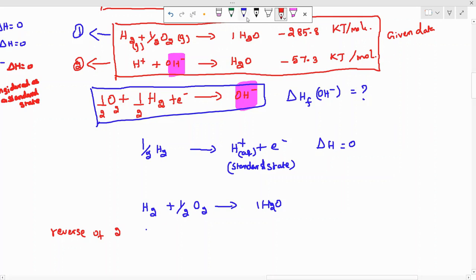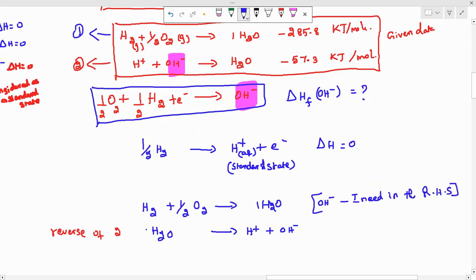That is H2O gives H plus and OH minus, because I need OH minus on the right hand side. That's why I have reversed the second equation.